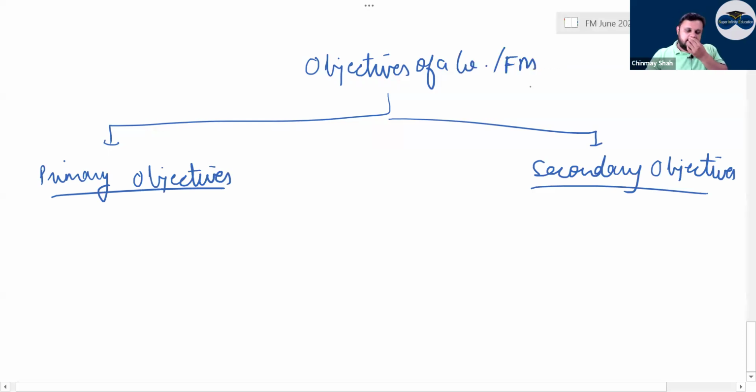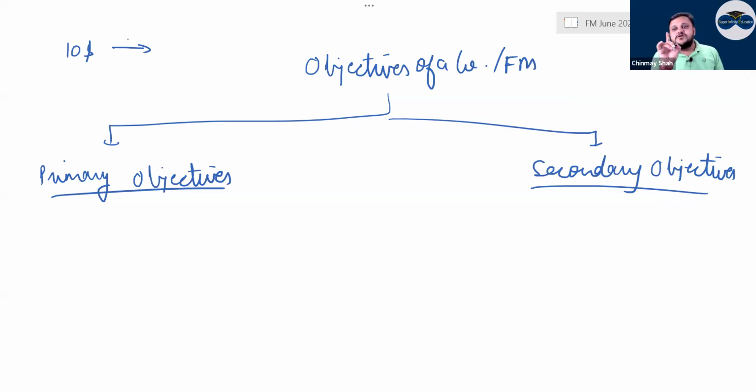Have a look. For finance or FM, the objective is very simple. Whenever I say FM, the one thing we understand in financial management is: I have invested $10, how much will I get back? As a subject, financial management has only one primary objective.